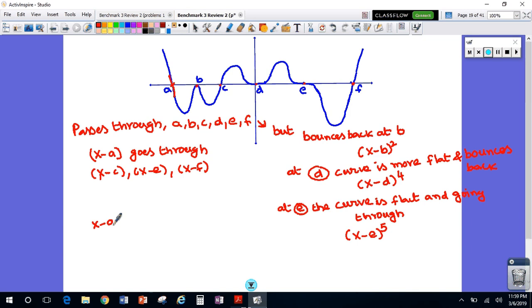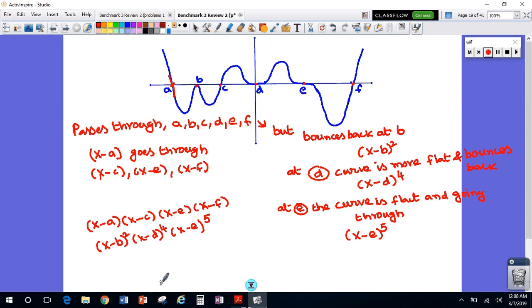That is x minus a, x minus c, x minus e, x minus f, and x minus b to the second power, x minus d to the fourth power, and x minus e to the fifth power.